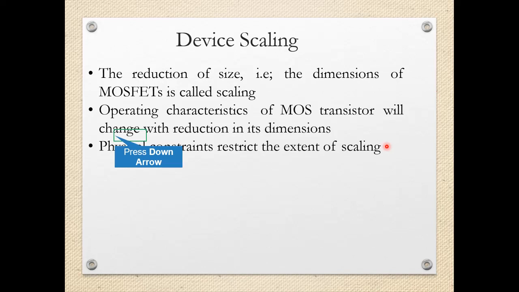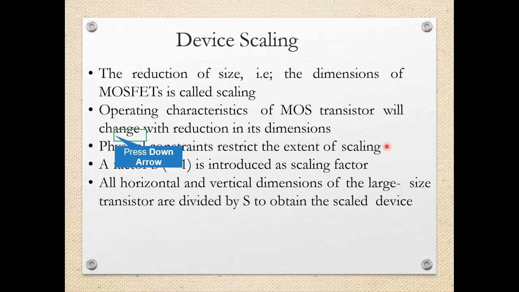Next, the physical constraints restrict the extent of scaling, so we cannot go beyond a certain limit. We have reduced the scale, that is W and L, but beyond a certain limit we cannot go below that value. A factor S, which is greater than 1, is introduced as the scaling factor.